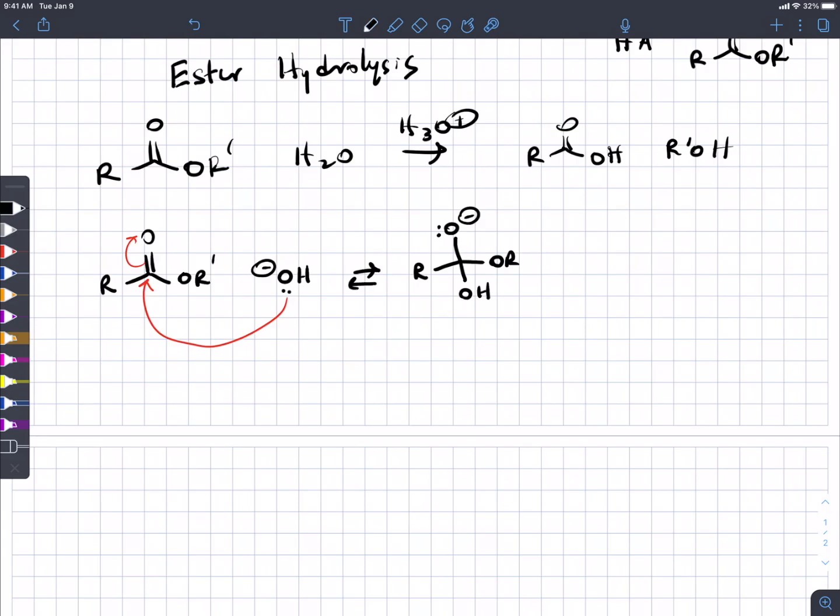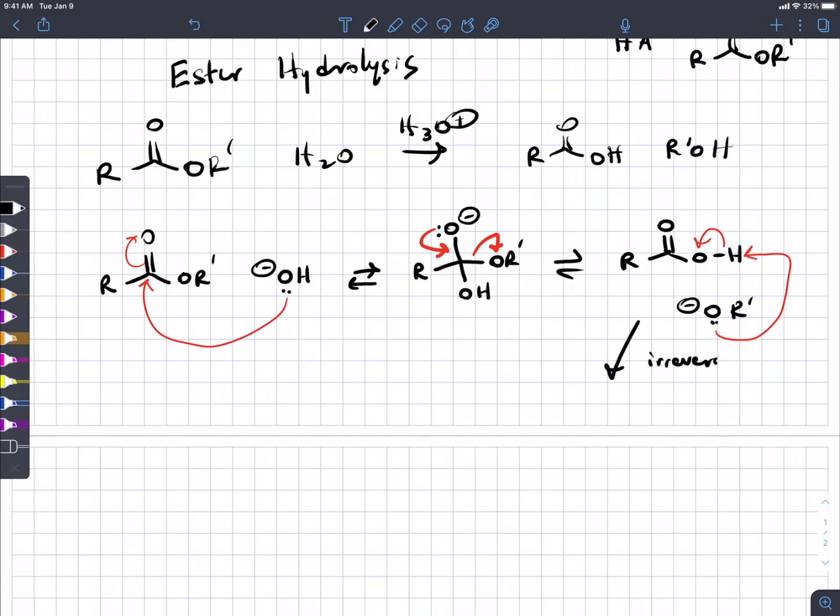But what drives this reaction forward is that if you kick off the OR minus group, you are immediately left with, as products, your carboxylic acid and this alkoxide, which is a really strong base and very able to remove a proton from the carboxylic acid.